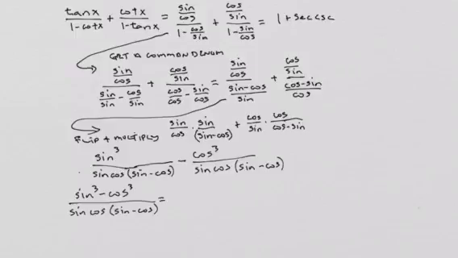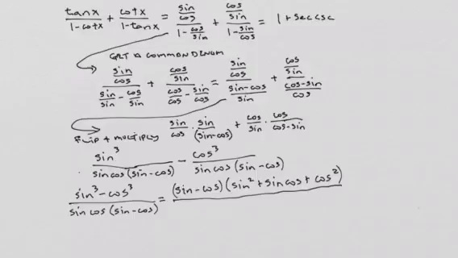The top is a difference of cubes, so I can rewrite that as sine minus cosine times sine squared plus sine times cosine plus cosine squared. That's just the formula for difference of cubes, which you have dealt with, but probably not very often and not for a while.